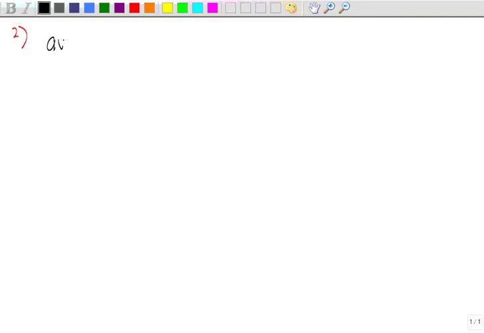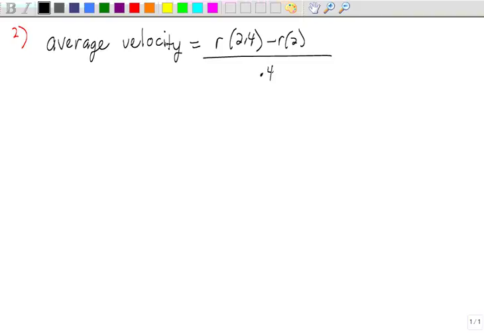So before I draw it, I want to figure it out. The average velocity between those two times will be this.